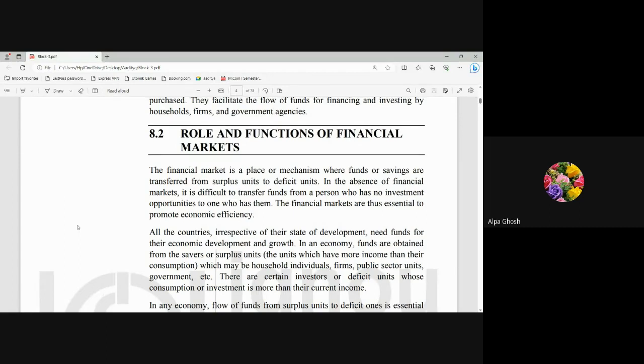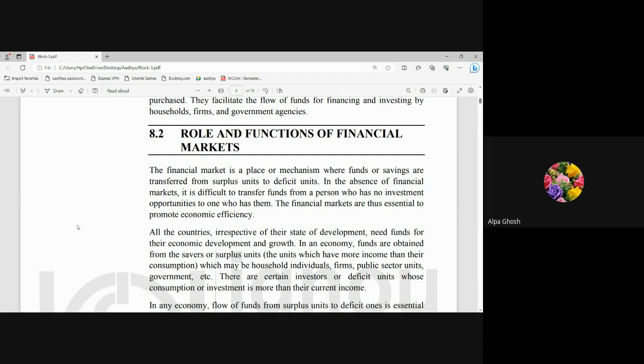I have savings after meeting all my expenditures. The savings are still with me unless I put them in some financial institution or deposit them in the bank.